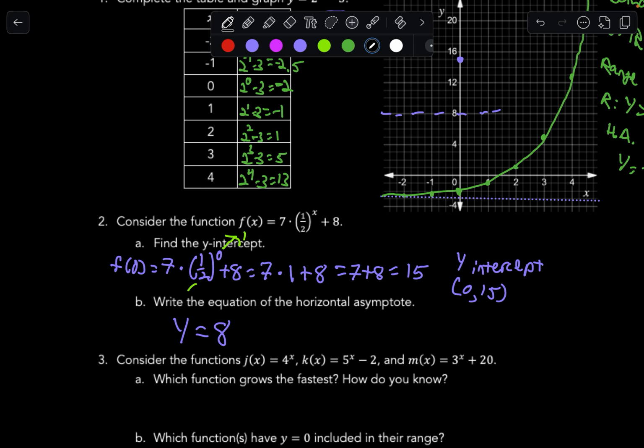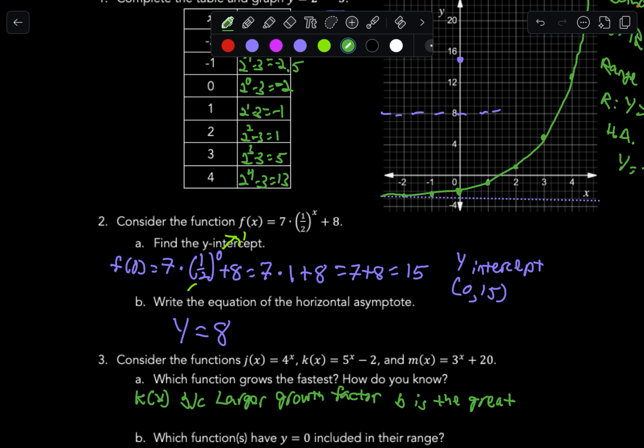Okay, so which one grows faster? K of x. Why? A larger growth factor. The growth factor is the base. That is, the base b is the greatest.